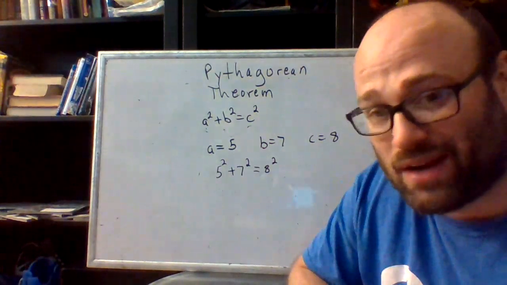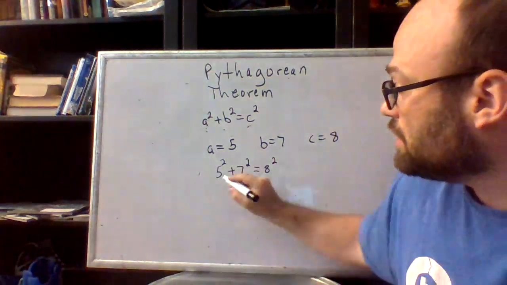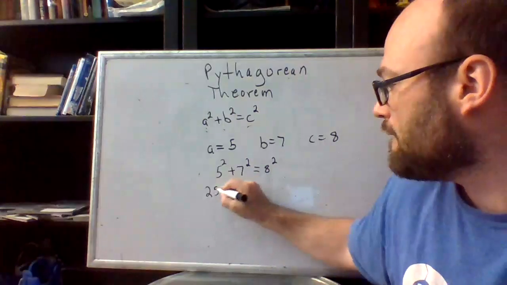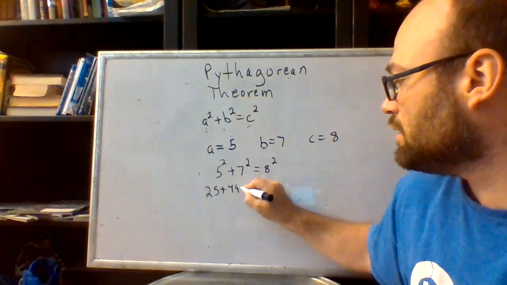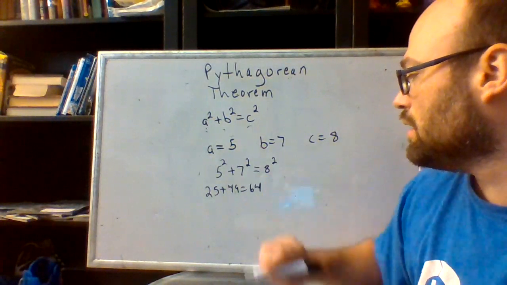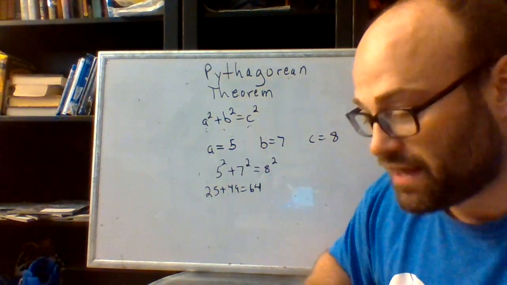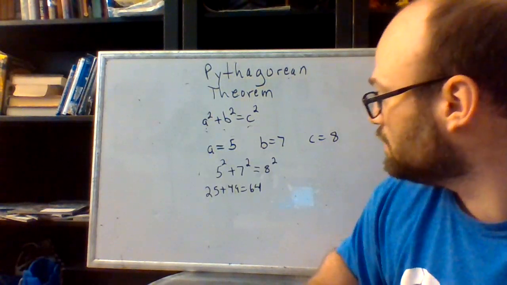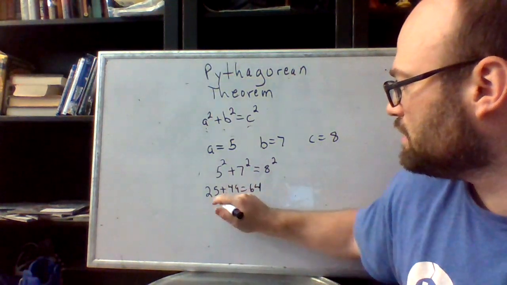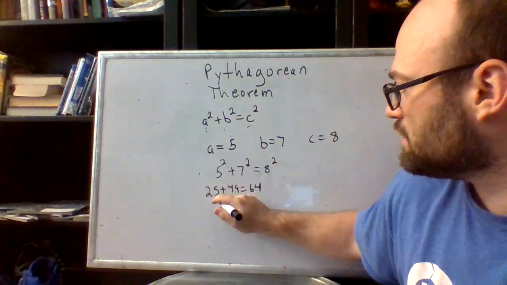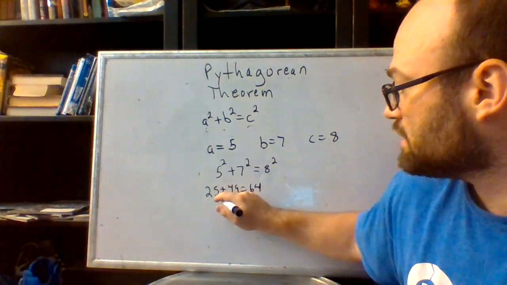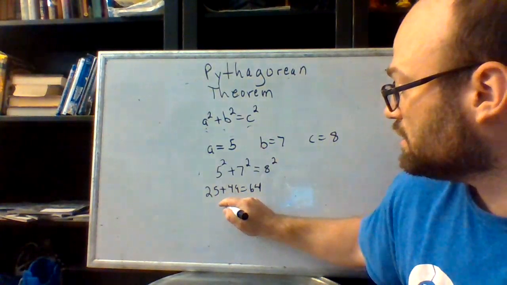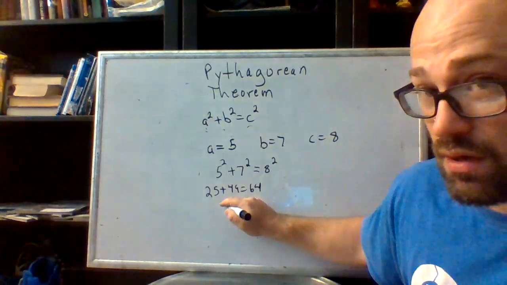However, is it a right triangle? And so 25 plus 49 equals 64. And so we can put those together. All right. And so is this the right triangle? So we put those together. 25 plus 49 would be 74. Is that 64?